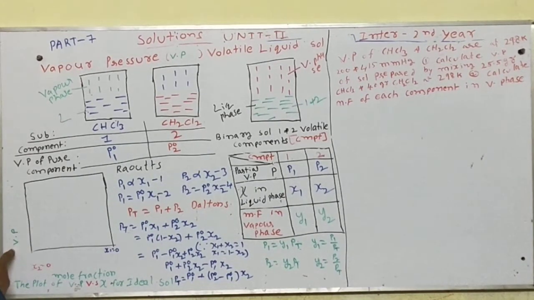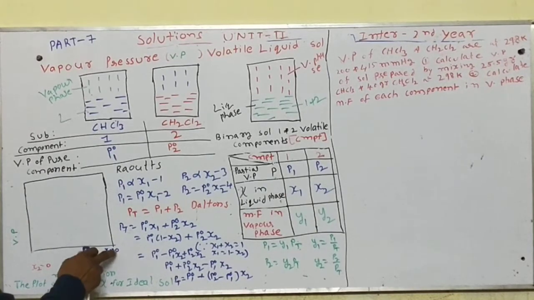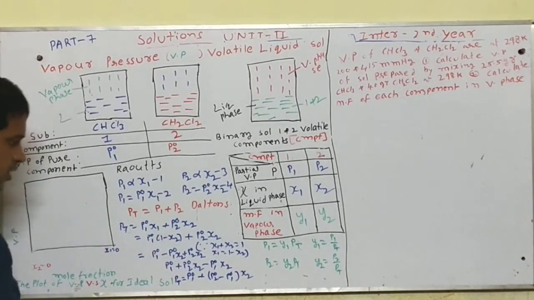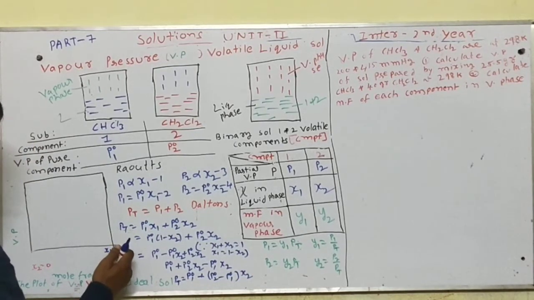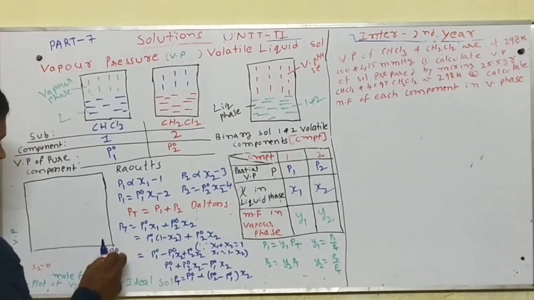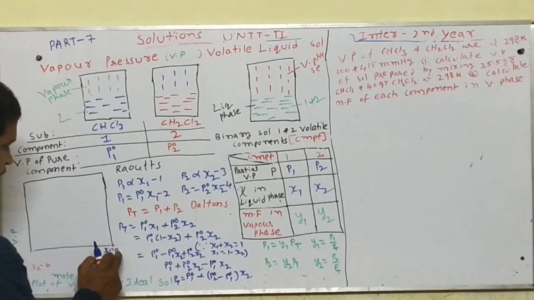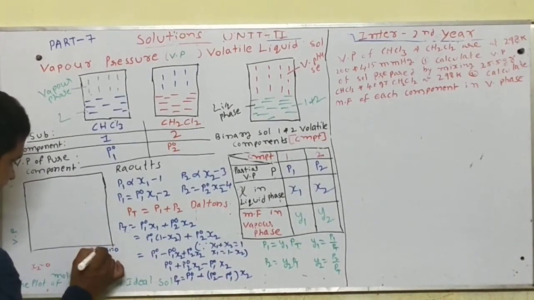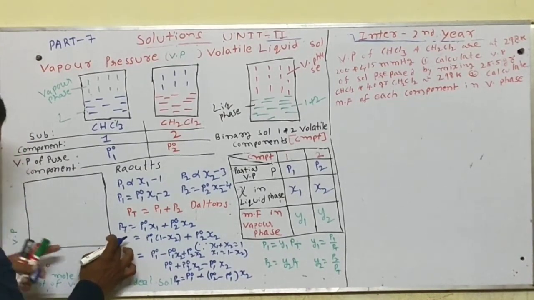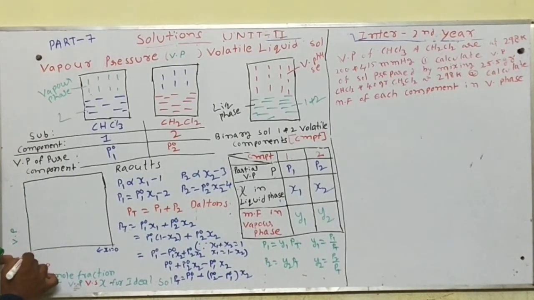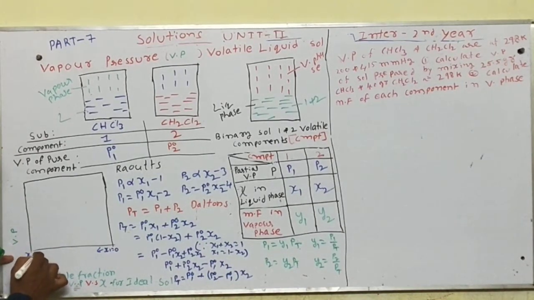We can plot a graph between vapor pressure of a component and mole fraction of the component. On this graph, on right hand side, I take component 1. Here the mole fraction of component 1 is 0, and it gradually increases from right to left, and at this corner it becomes equals to 1.